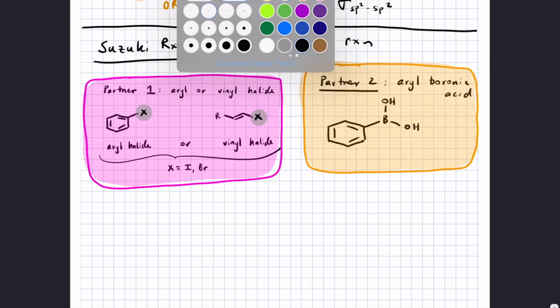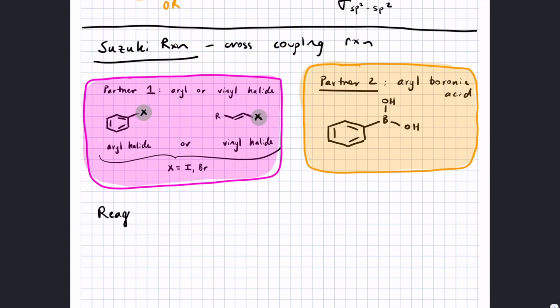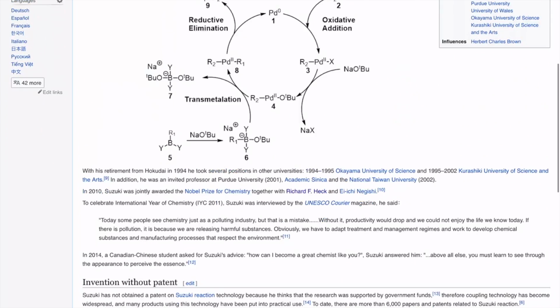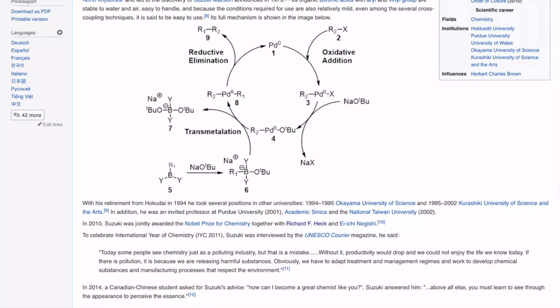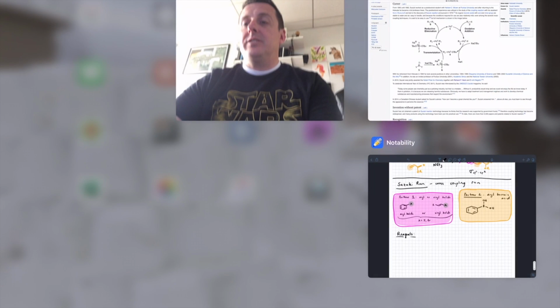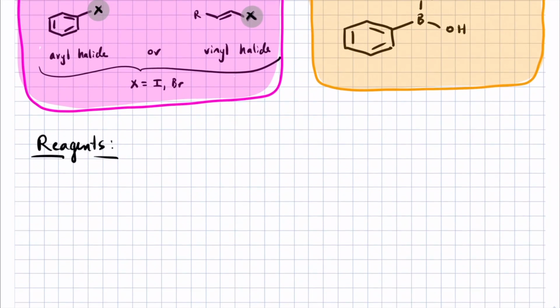The reagents for this reaction involve palladium 0, though over the course of the reaction it looks like the palladium oxidation state cycles between 0 and +2. We won't worry too much about the mechanism for the reaction.